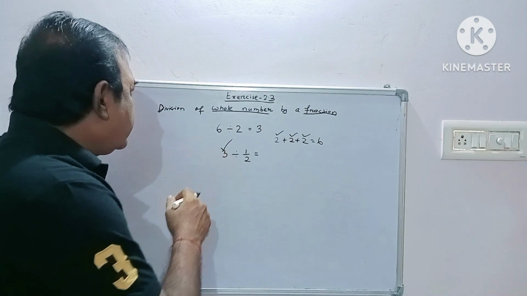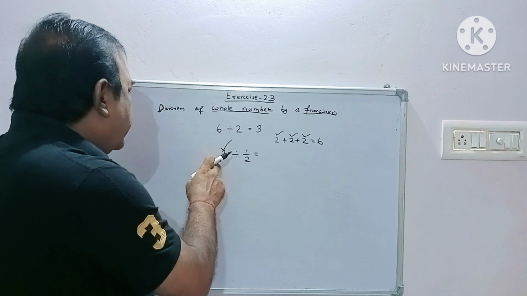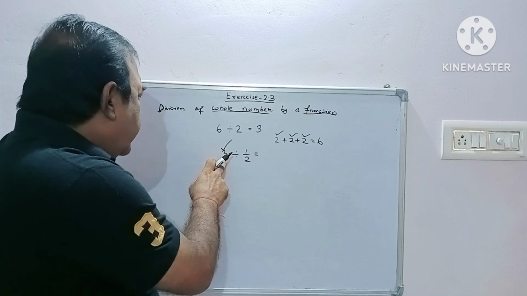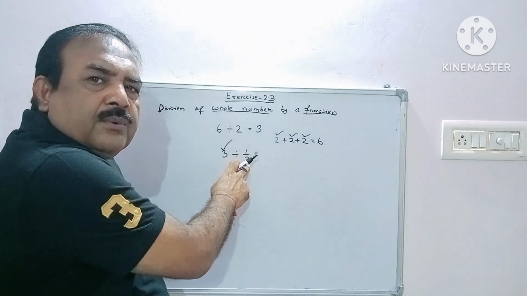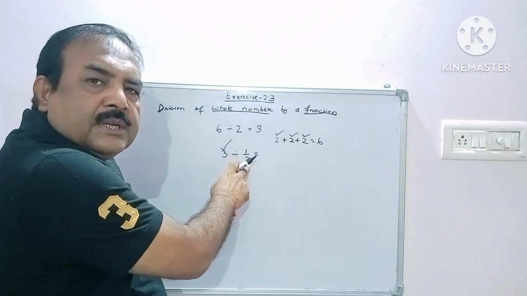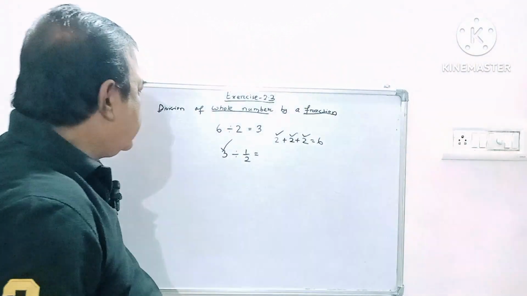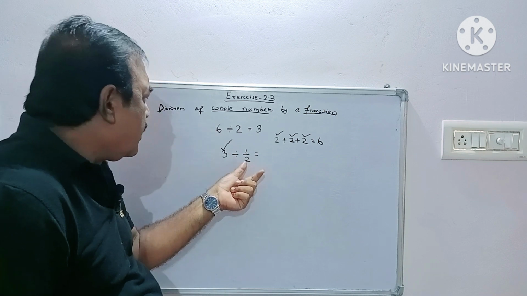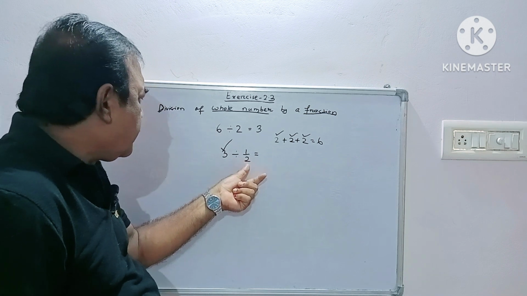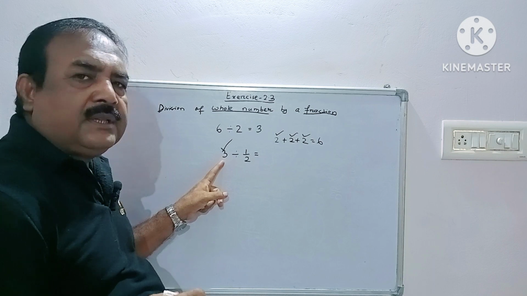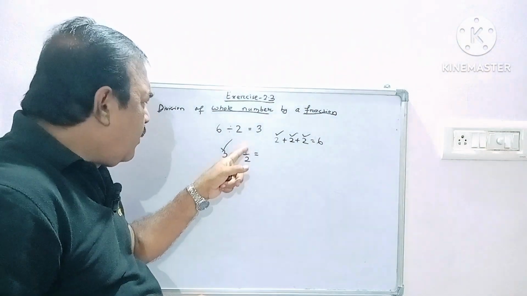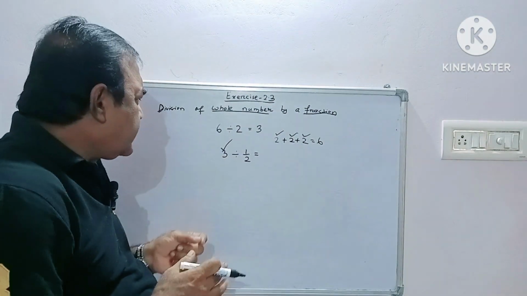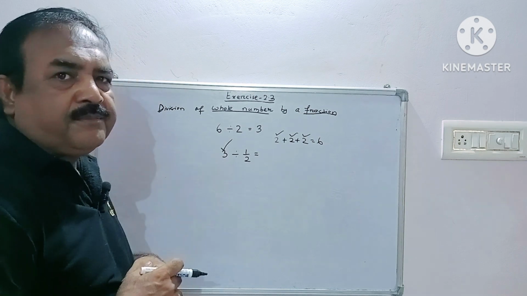That is a fraction. So we have to divide a whole number. You see, 3 is the dividend here, and 1 upon 2 or 1 divided by 2 is the divisor. And you see, what does it mean? Like this, how many 1 by 2 is present in 3? How many 1 by 2 are added to itself to give 3?